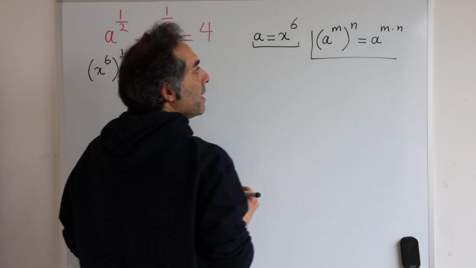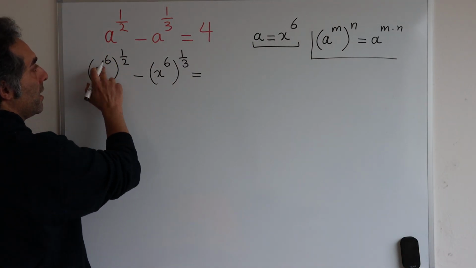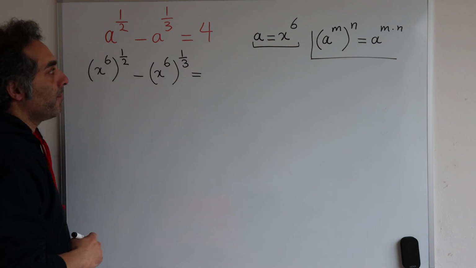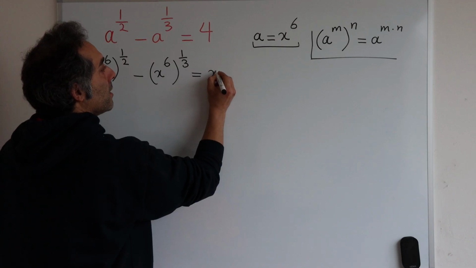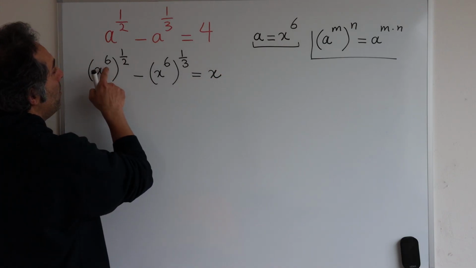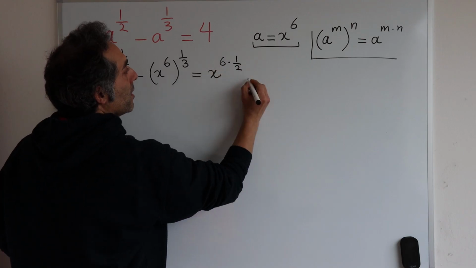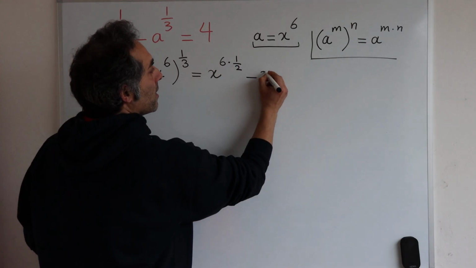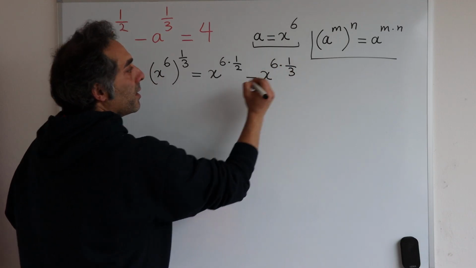I can use this formula here because the exponents are like that formula. So it will be x to the power of 6 times 1/2 minus x to the power of 6 times 1/3.